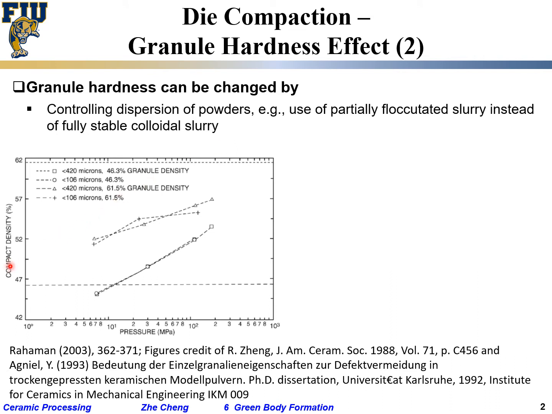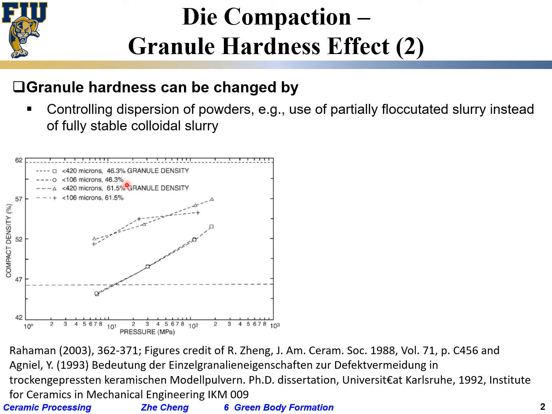So here we are showing the compact density versus pressure. We are talking about two sets. One set, open square and open circle, starts from a lower granule density.